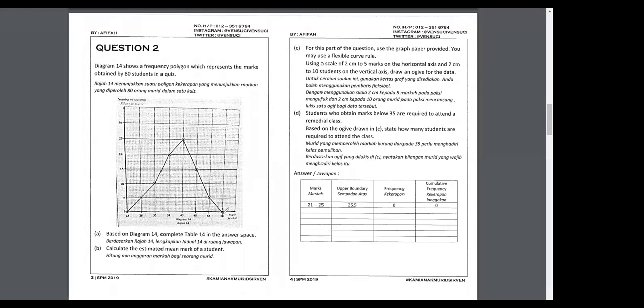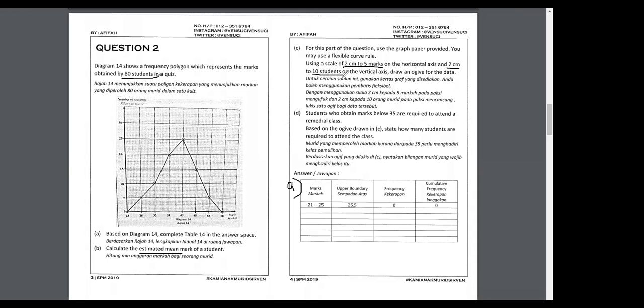For the marks, the first class is 21 to 25. The second one is 26 to 30, and then the third one, 31 to 35. The fourth one, 36 to 40.